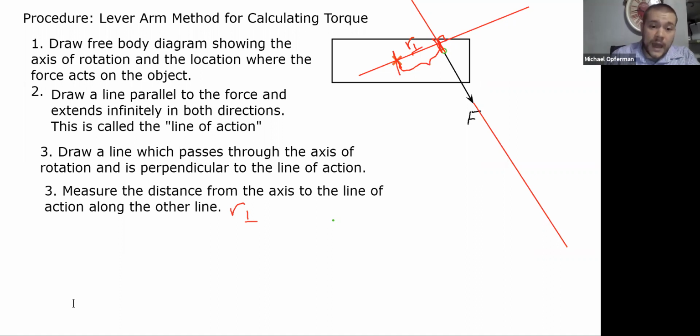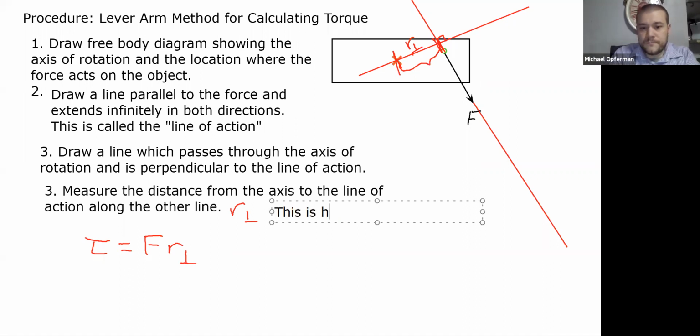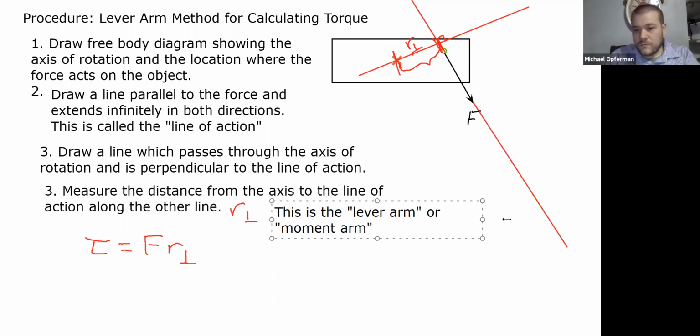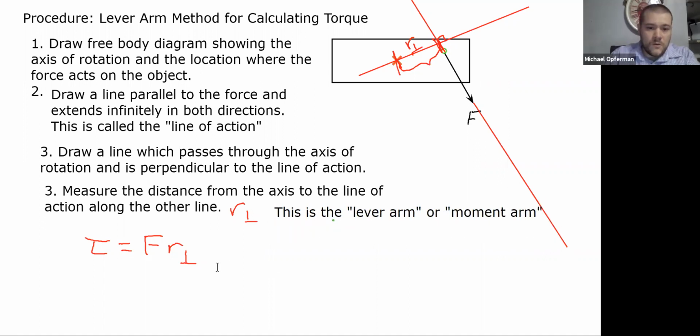Now you calculate the torque using a different formula. You take the entire magnitude of the force and you multiply that by R perpendicular. Oh, by the way, R perpendicular is referred to as the lever arm or moment arm. Okay.